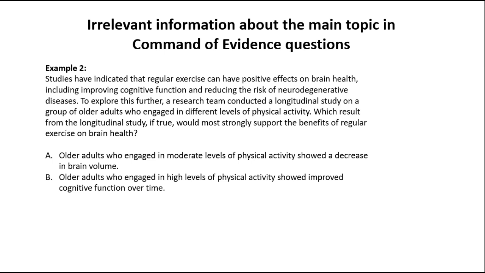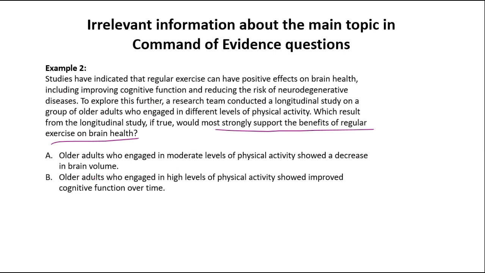And take another example. So studies have indicated that regular exercise, and so on. Which result from the longitudinal study, if true, would most strongly support the benefits of regular exercise on brain health? Now, notice the answer choices. So the trick is to read this text very carefully, right?